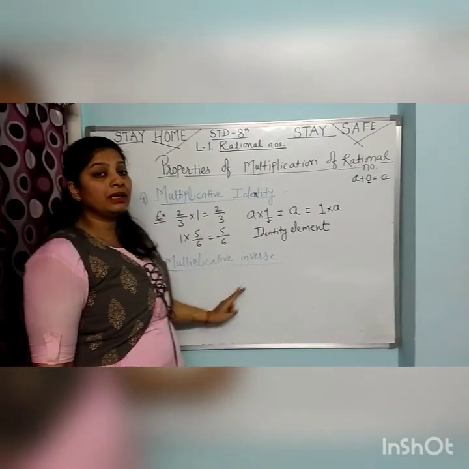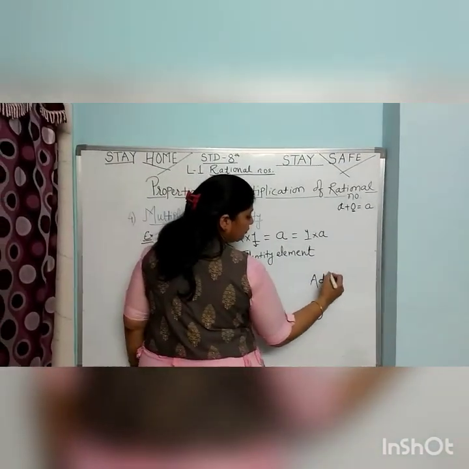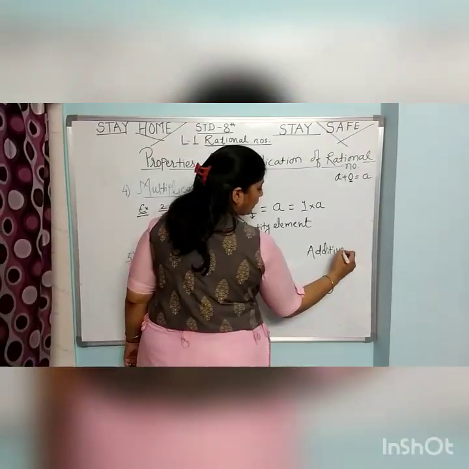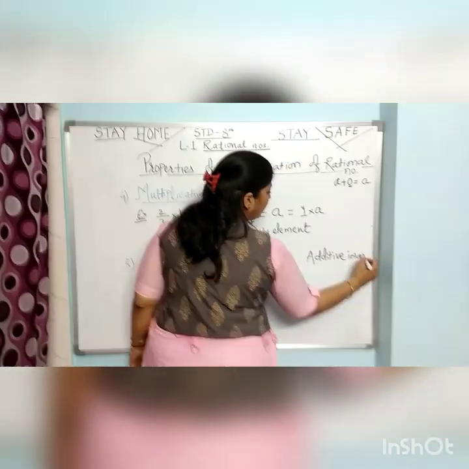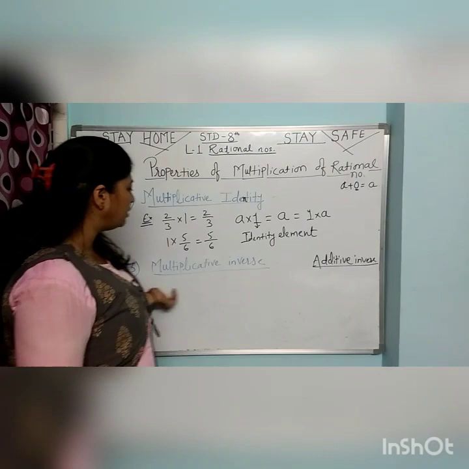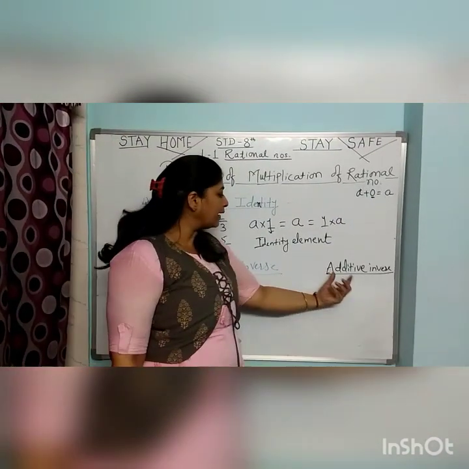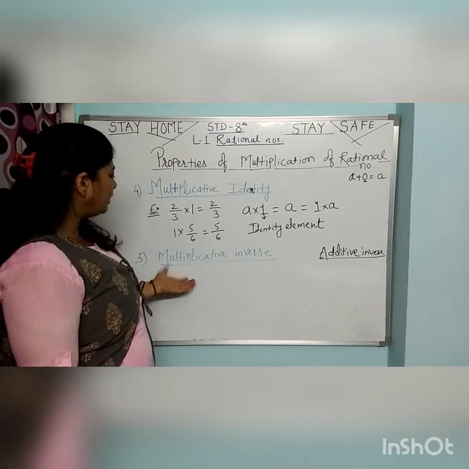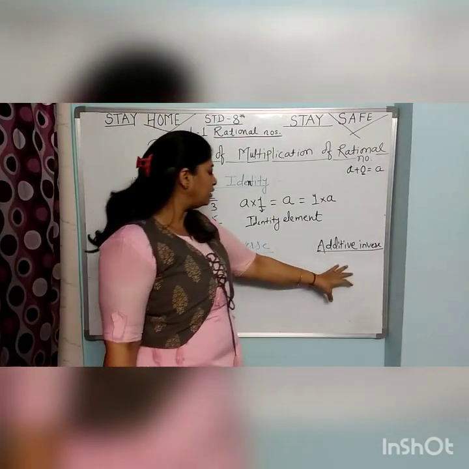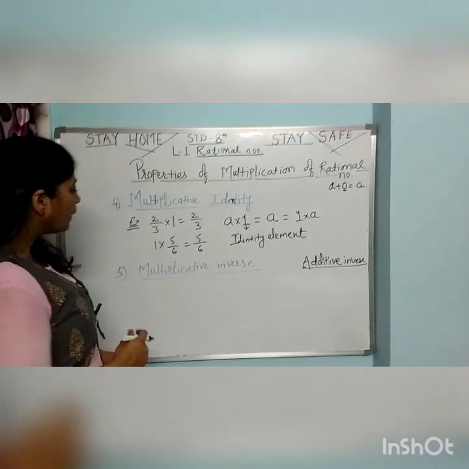In the same way, we have seen the additive inverse. Now students, most of the students are always confused between the multiplicative inverse and the additive inverse. So I will explain again with both the additive and multiplicative inverse simultaneously, so your confusion can be avoided.